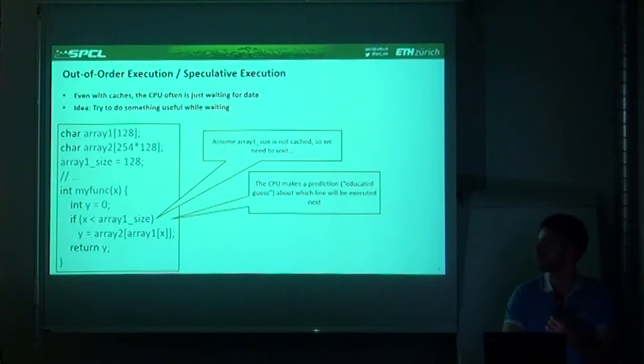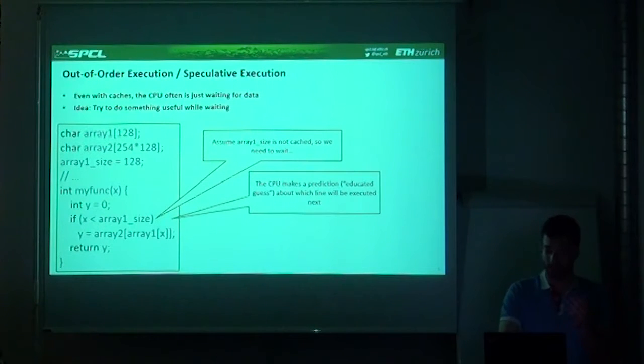Why is this an educated guess and not a random guess? Because we have some mechanism in the CPU called a branch predictor that says, I ran this code before, and the last 50 times I saw this branch, this comparison yielded true. So probably it will also yield true now.